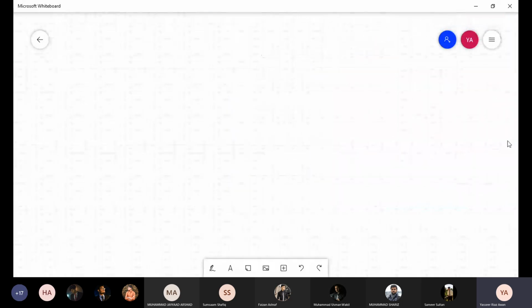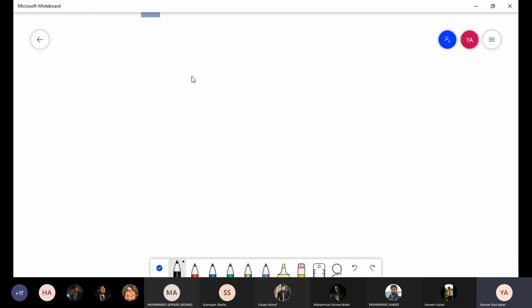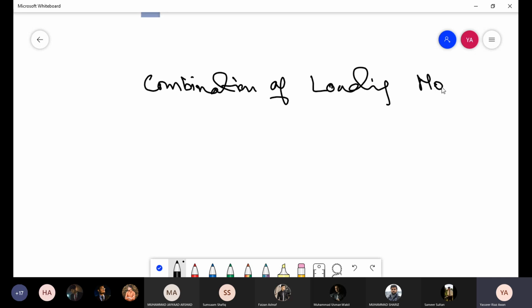So now moving on to the last remaining thing that we haven't discussed, which is the combination of loading modes.